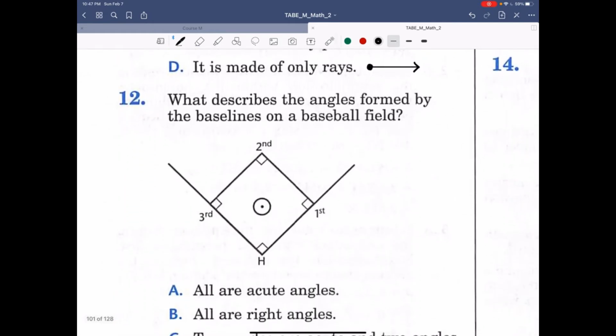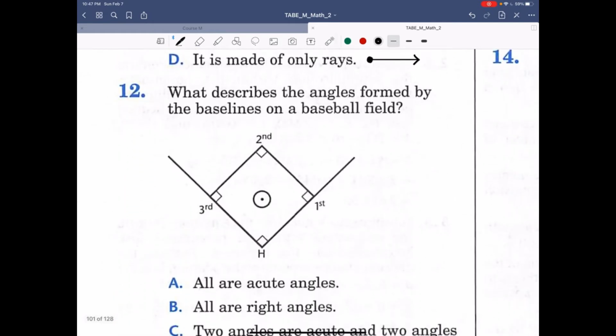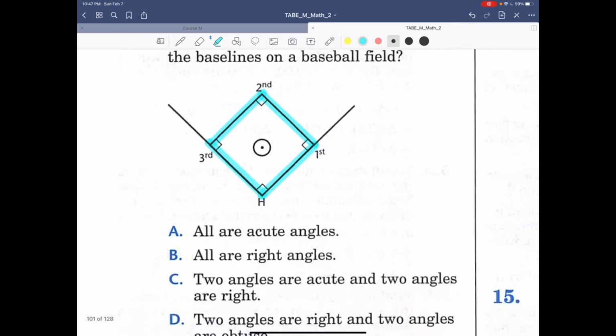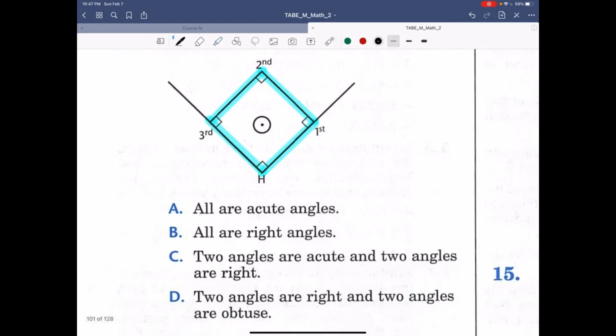Number 12. What describes the angles formed by the baselines on a baseball field? So here are the baselines. Home to first, first to second, second to third, and third back to home. Those are your bases. All are acute angles.